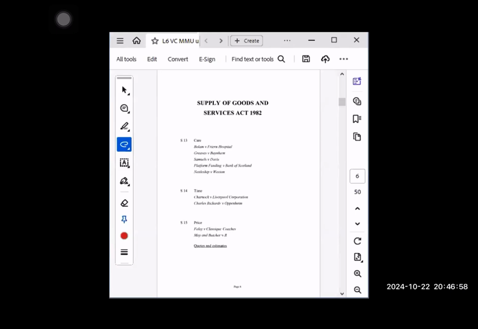He can agree to a high obligation, but would need special facts or the contract contain clear language. Courts are reluctant to imply that the supplier guaranteed a result. You see, in Platform Funding, the bank's instructions were very clear. Inspect and value the correct property.